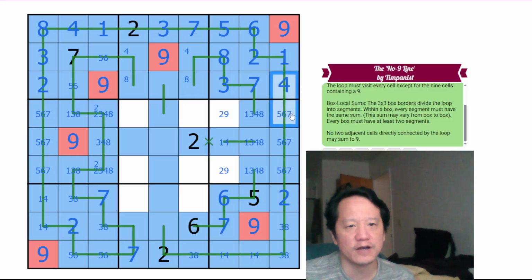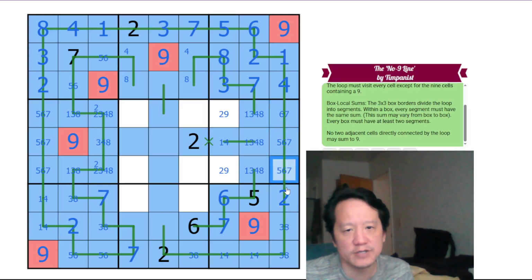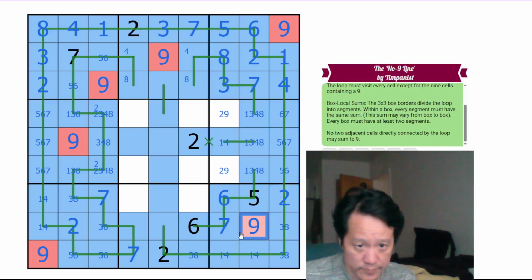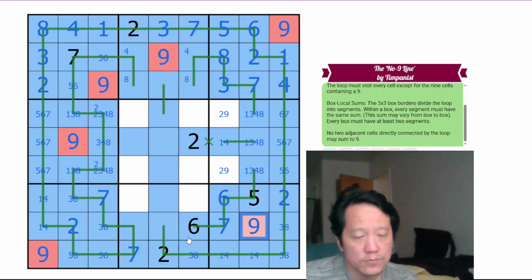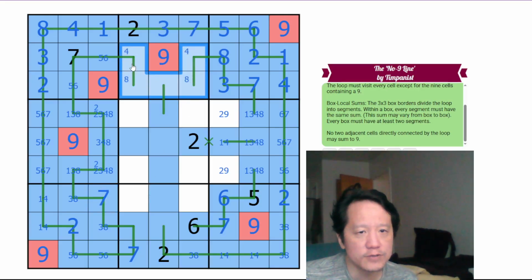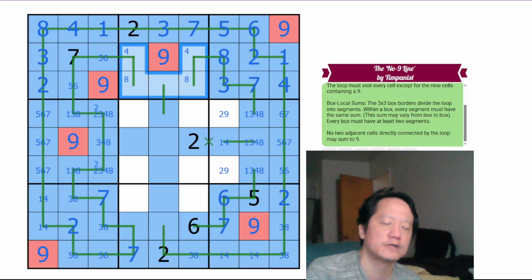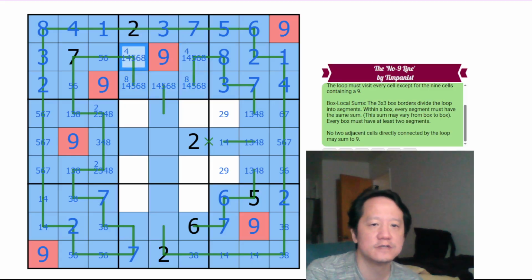This cannot be 5 because that would add up to 9 for these adjacent digits. So this cannot be 5. 2 can't be next to 7. We have 4 and 8. The remaining digits in this box 2 are 1, 4, 5, 6, 8.